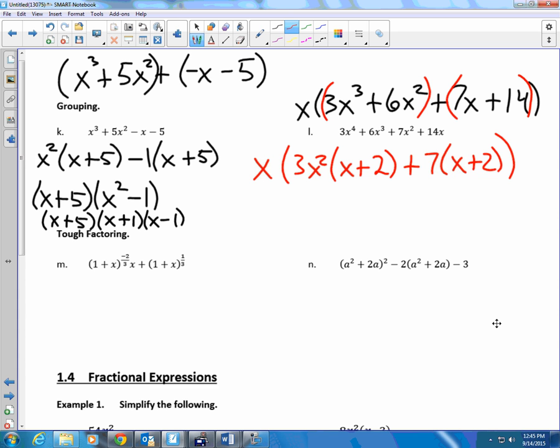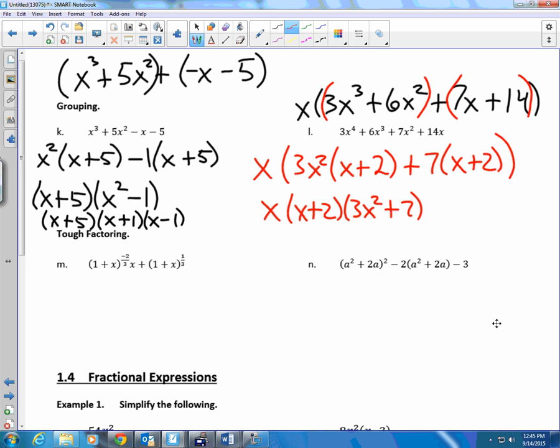What can you take out of both of these? That's it, right? Got it? Okay.